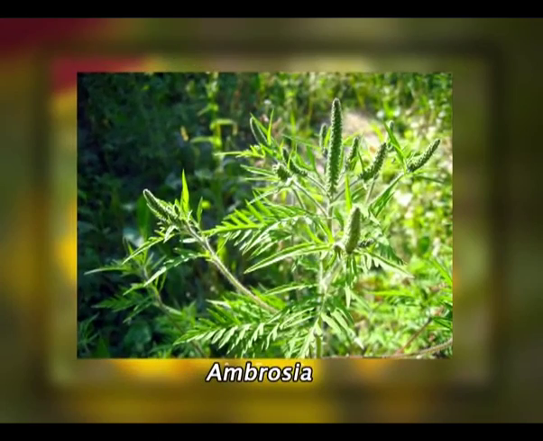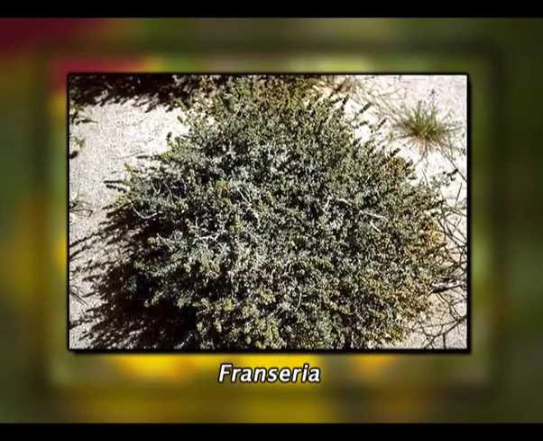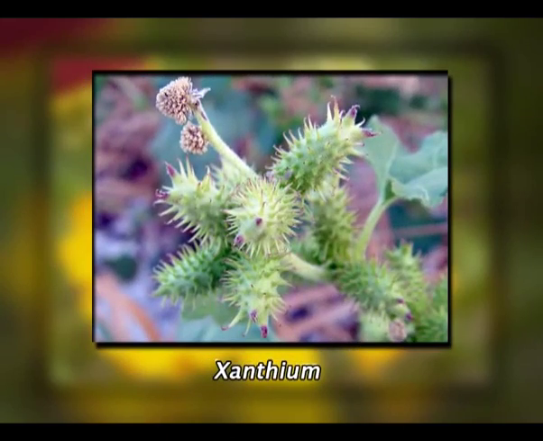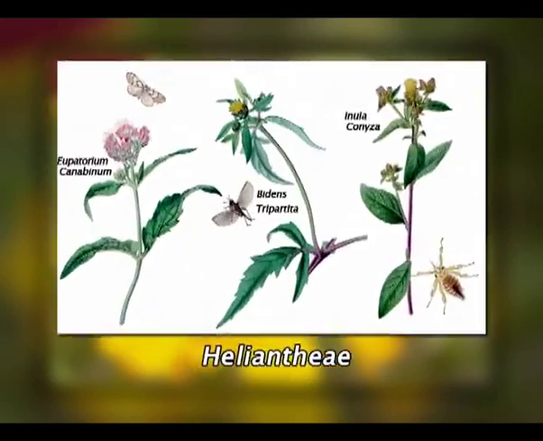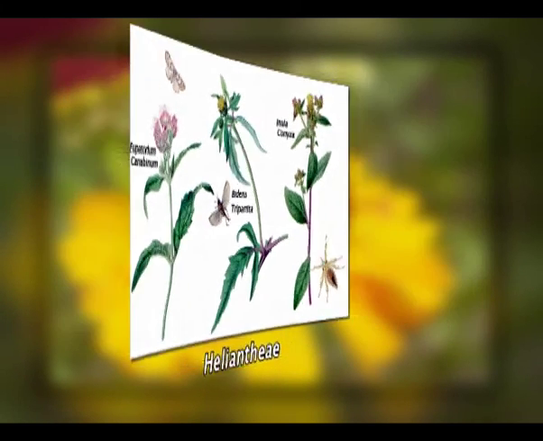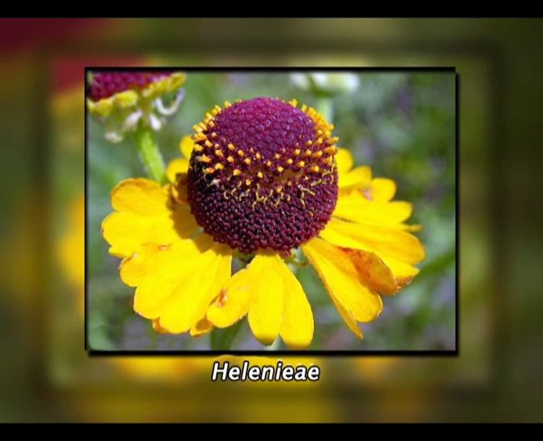It has been found that if Ambrosia and its allies with Franseria and Xanthium are removed from the Heliantheae, then the residual elements are similar to the Helenieae in terms of lactone distribution.